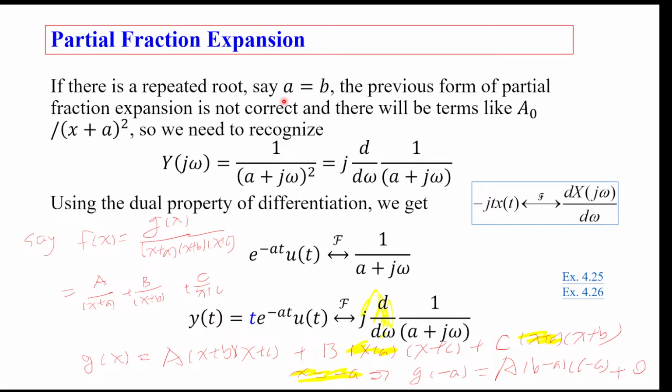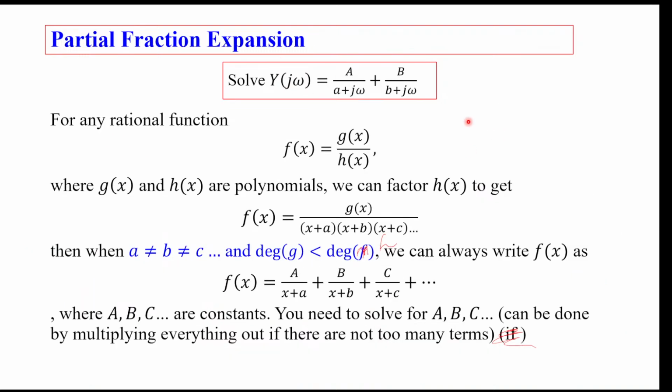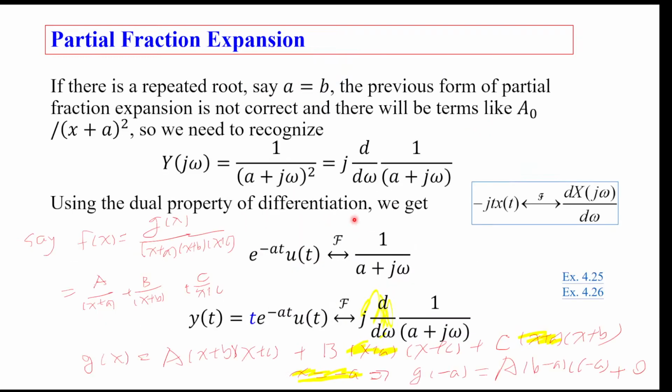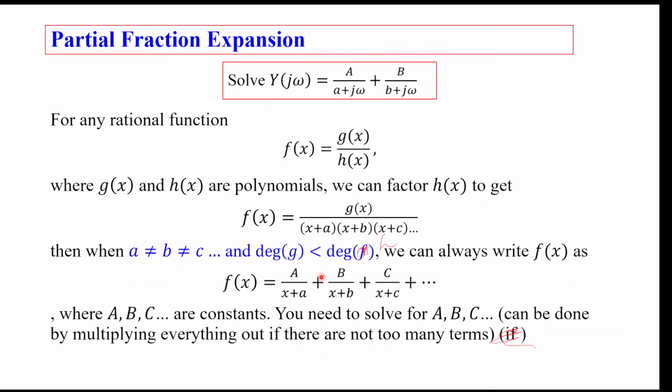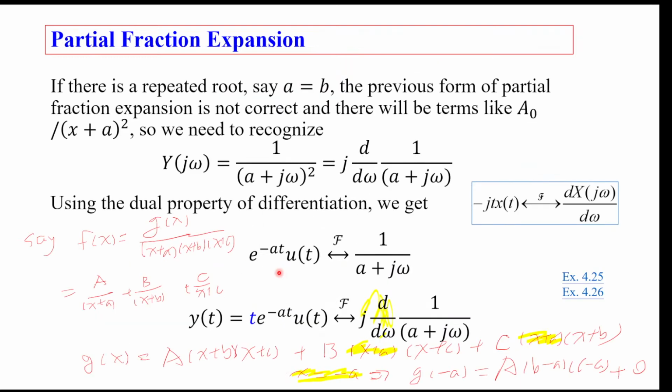Let's say we have a equal to b, and then we get x plus a squared here. The partial fraction expansion then includes a term like a0 over x plus a squared.